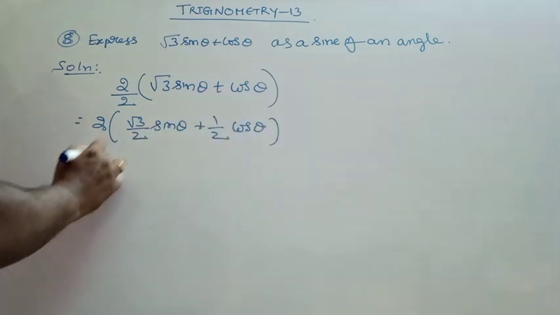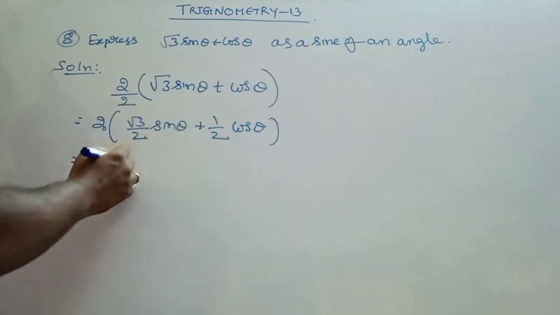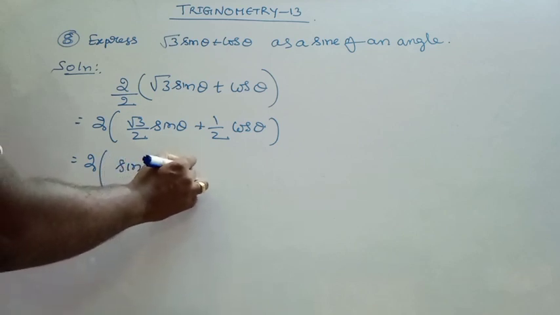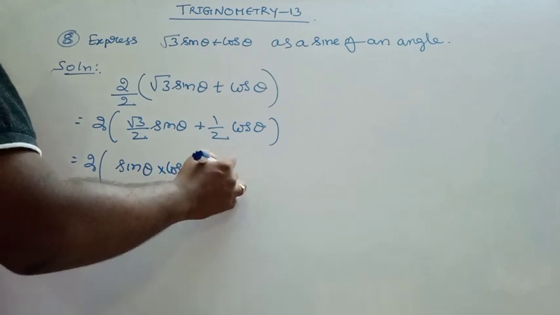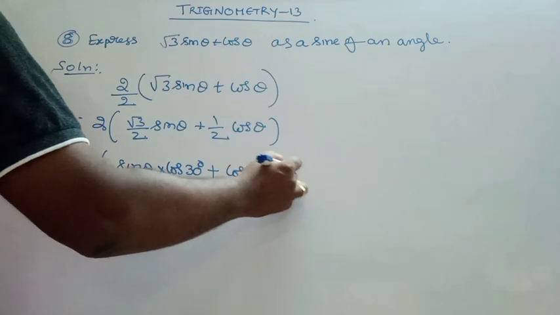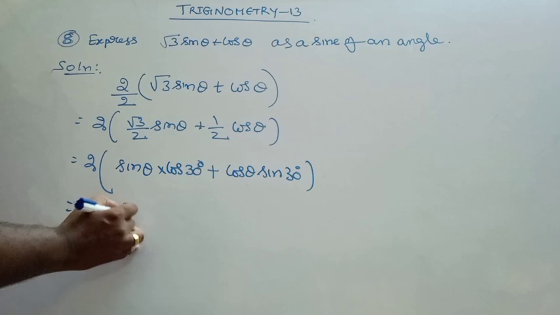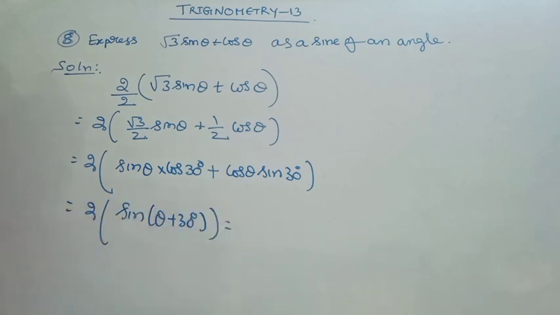Now this is 2 into root 3 by 2, which we can write as sin theta into cos 30 degrees, since cos 30 is root 3 by 2, plus cos theta sin 30 degrees. Using sin A cos B plus cos A sin B, this is now 2 into sin of A plus B, that is 2 times sin of theta plus 30 degrees. Wonderful.